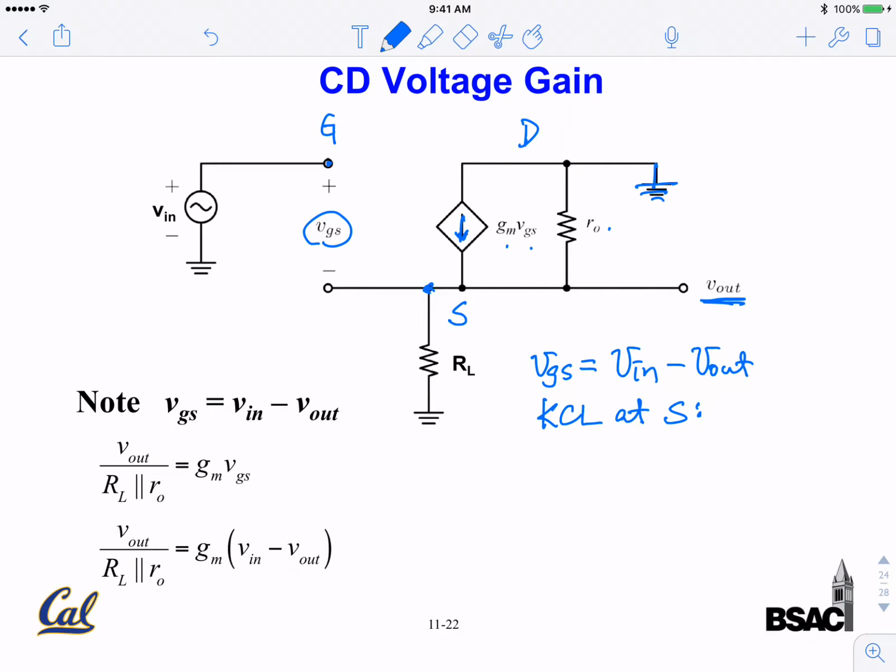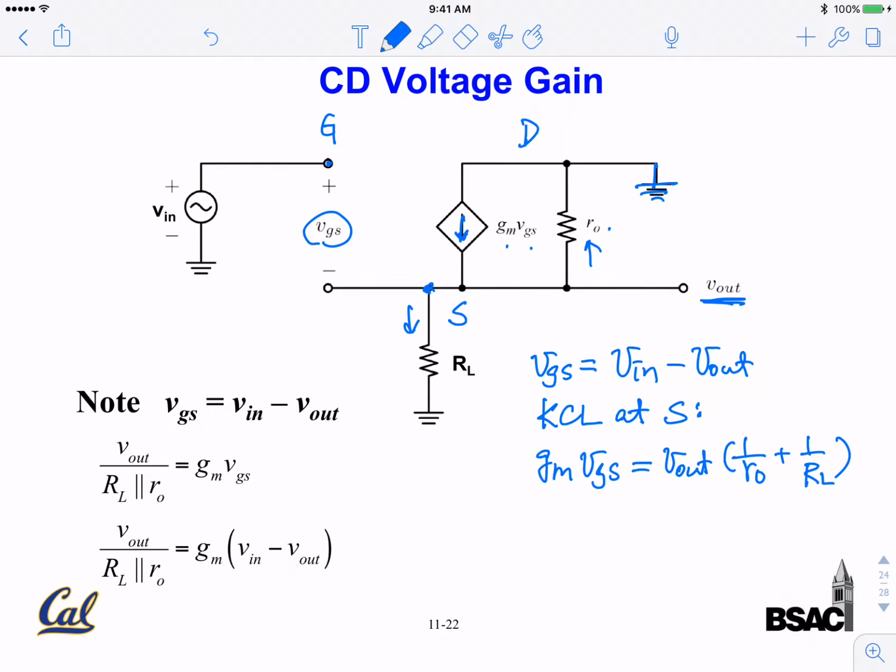Here is Vout. The current coming into the node, gm VGS, is equal to the current flowing out of this node. It can flow upward through RO, and it can flow downward through RL. So this is equal to Vout times (1 over RO plus 1 over RL).